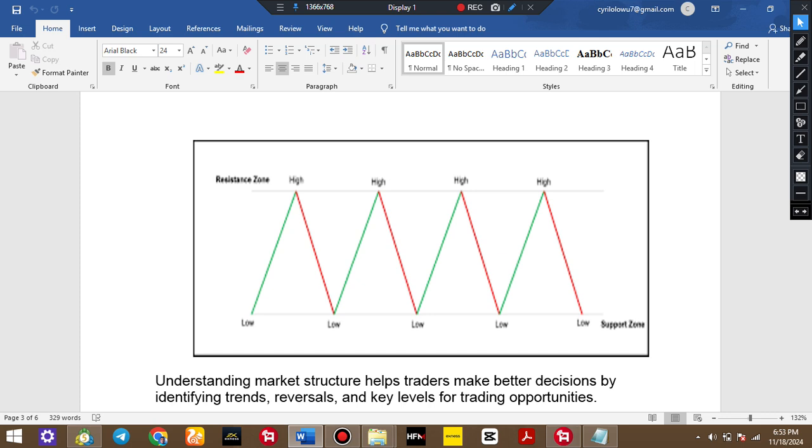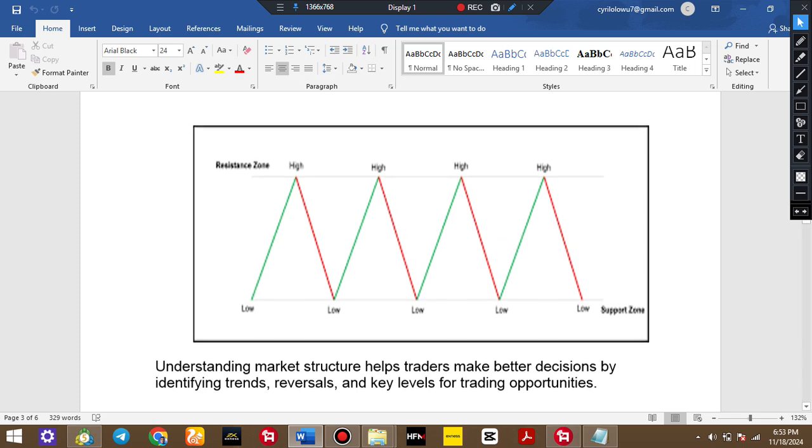Basically, when you are new, you are advised to keep off, wait until price breaks either from the top or from the bottom, and let it give you some confirmation that it is ready to either move up or down before you take entry. But in a situation whereby the price is moving sideways, it is usually safe to stay off from that particular pair or that market as it may be.